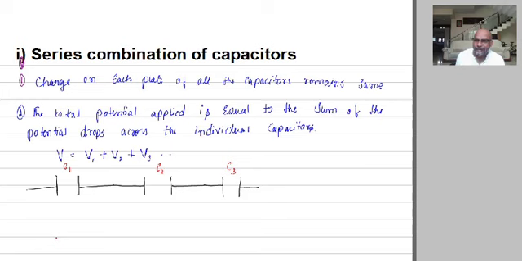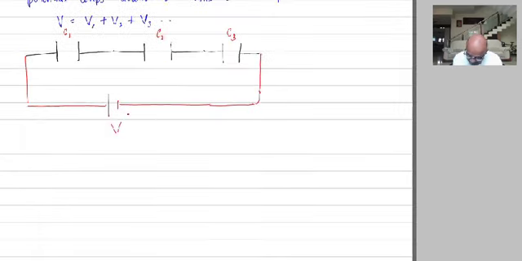That means consider 3 capacitors of capacitances C1, C2 and C3 connected in series as shown in the figure. Now these capacitors are connected to a battery, and the potential of the battery is V volt.